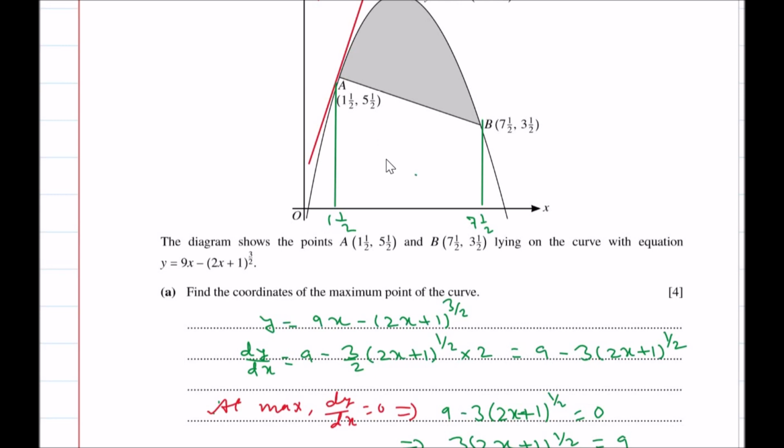But the whole part is not shaded. This part is not shaded. That means this is empty part. We need to subtract. This is a trapezium. So we'll find the area of this trapezium and subtract from the area under the curve. Okay, this is the whole process we are going to do. Now let us do.